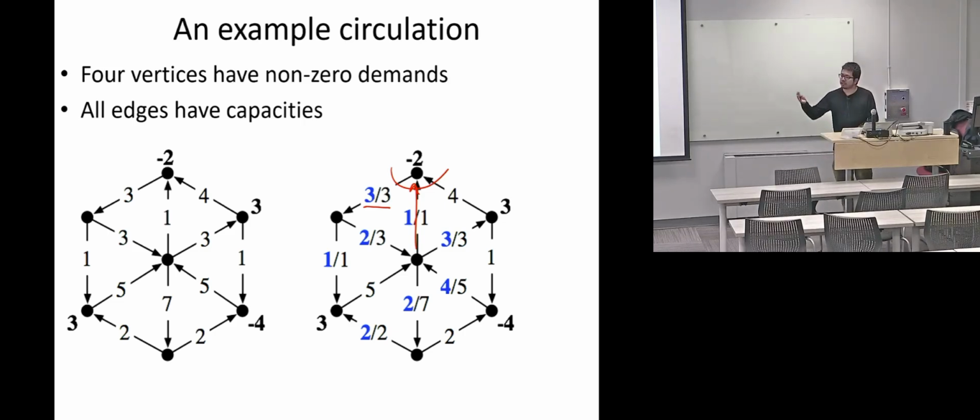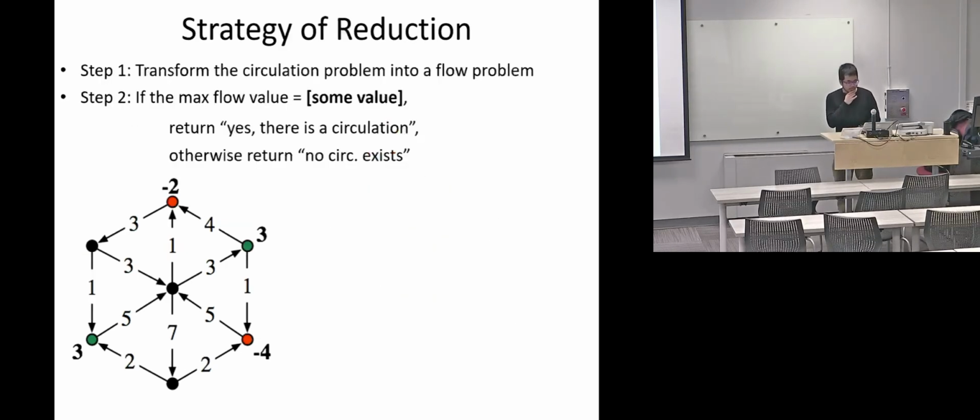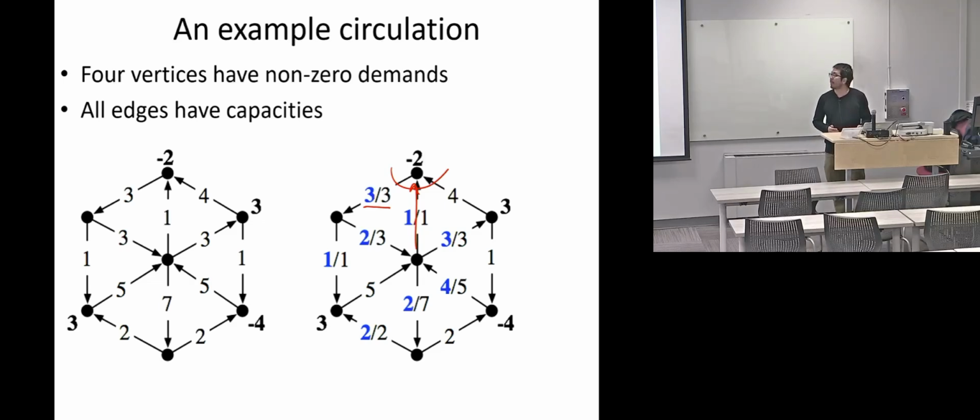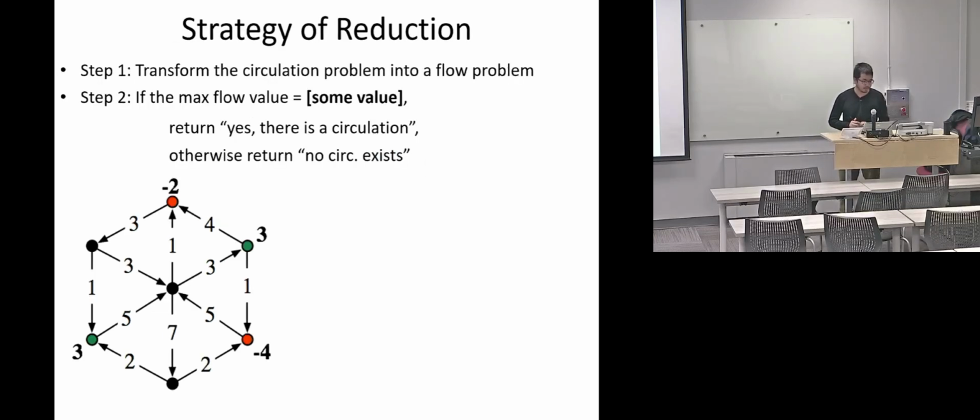Now I claim that you can solve this again using max flow, although from the statement itself it looks like a more general problem. So let's try to solve this using max flow.